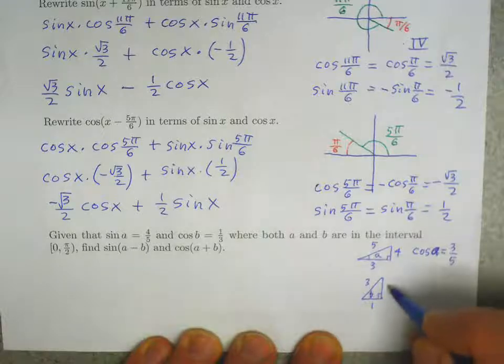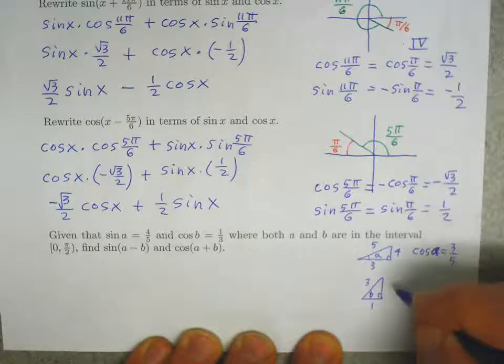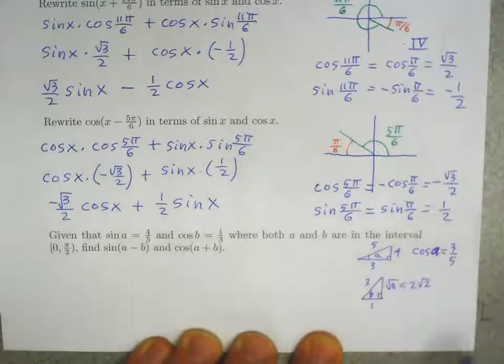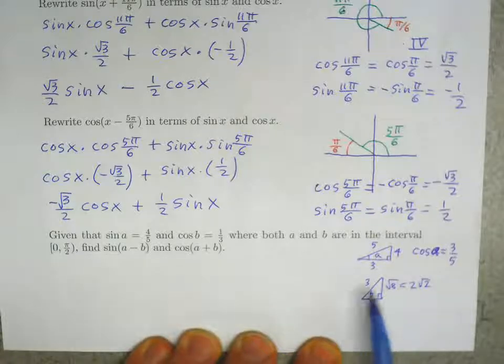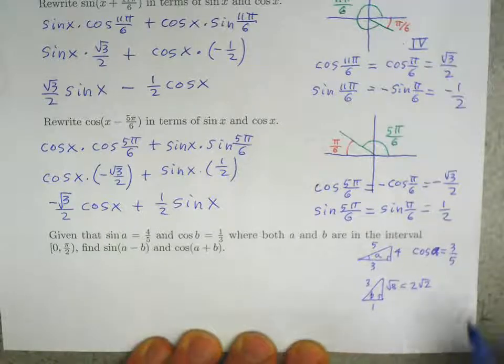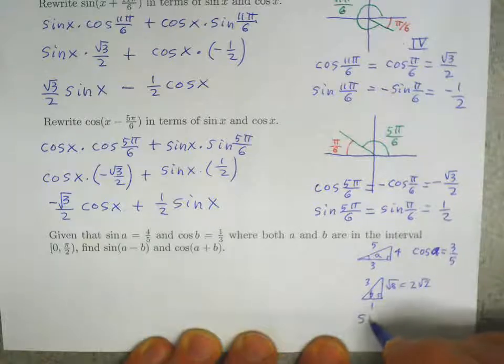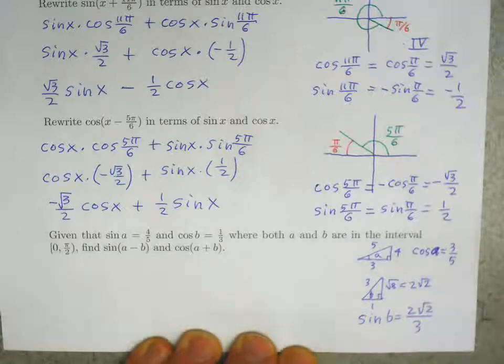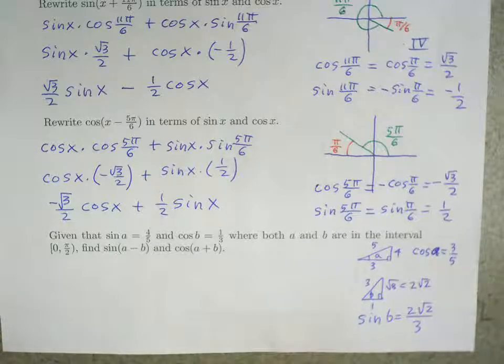This is just going to be the square root of 8, or 2 times the square root of 2. You can verify by the Pythagorean theorem: 3 squared equals the square root of 8 squared plus 1 squared. Okay, so sine of B is equal to 2 times the square root of 2 over 3.